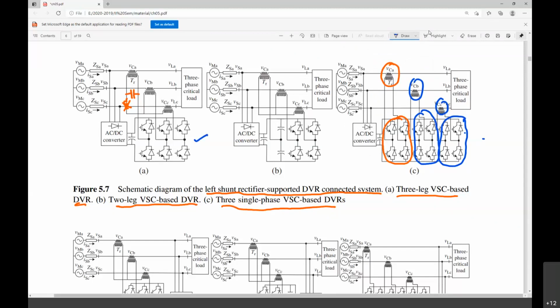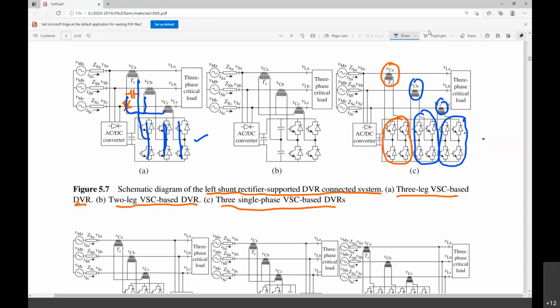I mean, the switching, because now all these points are connected over here, and this point is connected, and this point is connected, A phase and B phase and C phase. In that case, there will be a dependency on this switch, especially this switch. This leg is very much dependent.